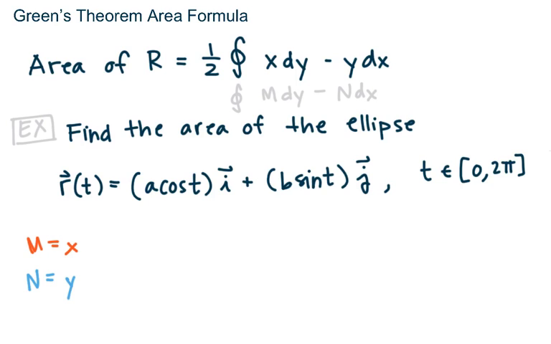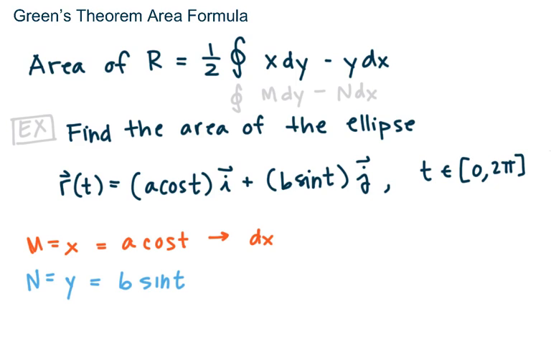So here we just need to state x in terms of t and y in terms of t. So x is actually equal to a cosine t, whereas y is equal to b sine t. And we can find dx.